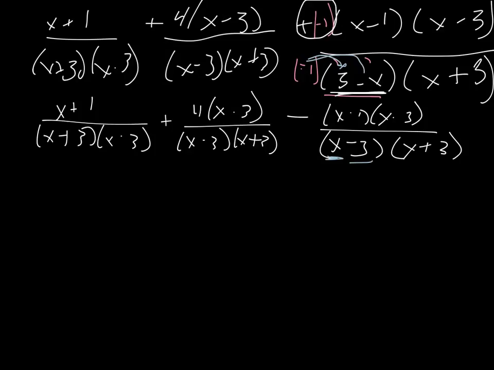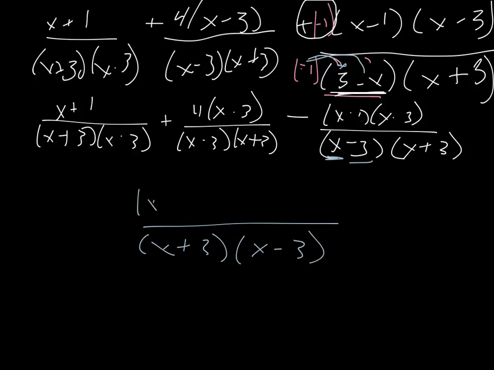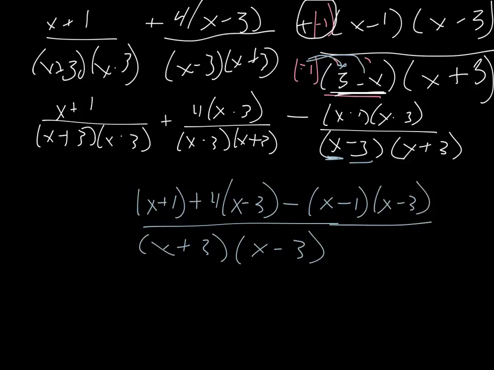Okay, so now I have a lowest common denominator. I can write it down. So it'll be x plus 3, x minus 3. And then on the top I have x plus 1 plus 4 times x minus 3, minus x minus 1, x minus 3. Okay, all looking good.